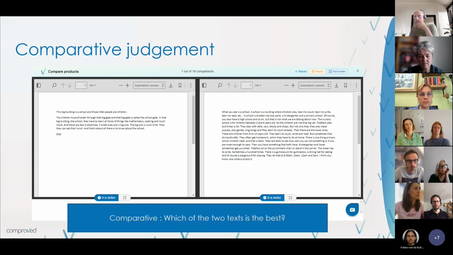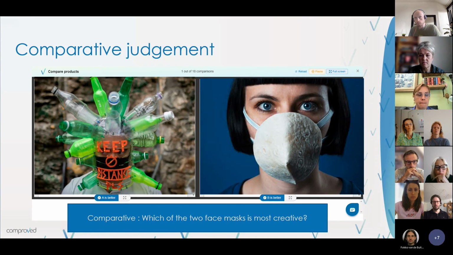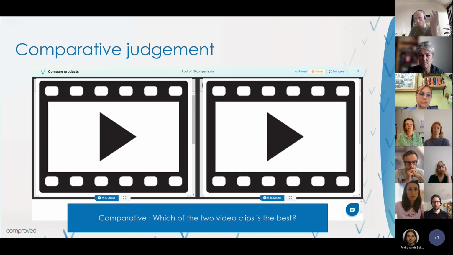In this slide, you see 2 papers of students, and now the question is, which of the 2 texts is the best? You can do it also with images. In this case, which of the 2 face masks is the most creative, or with 2 videos, or whatever you like.